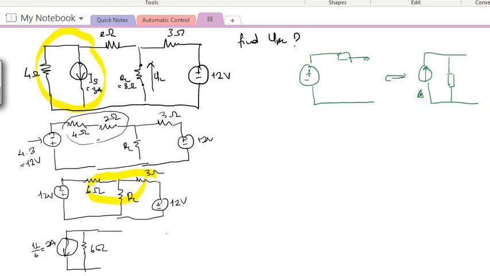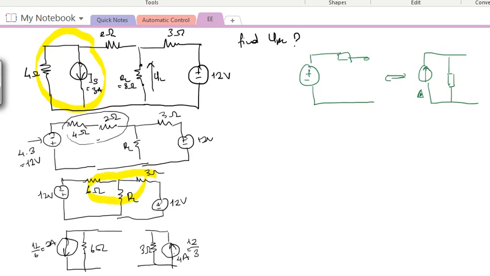And then on the left hand side, I will do the same. The 12 volts will be changed into a current supply, because I want to put the resistance in this configuration, the 3 ohm, and the current is in direction to the top, and the current is equal to U over R, and the U was 12 volts here, divided by R, which is 3 ohm, so it is equal to 4 amps.